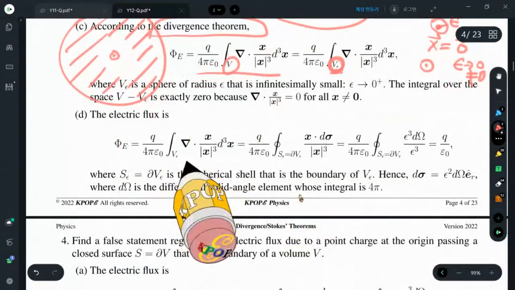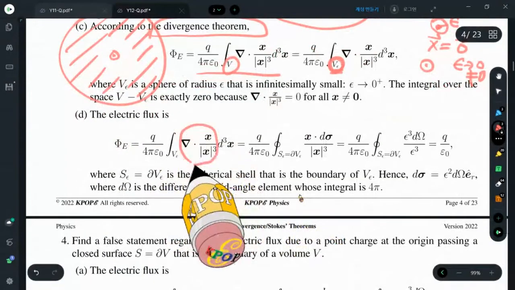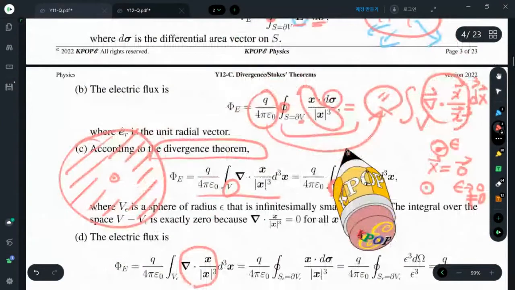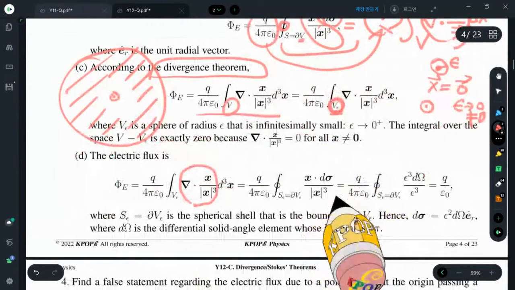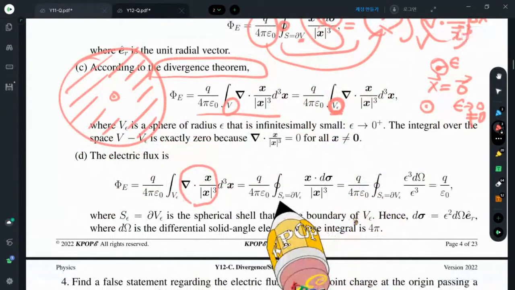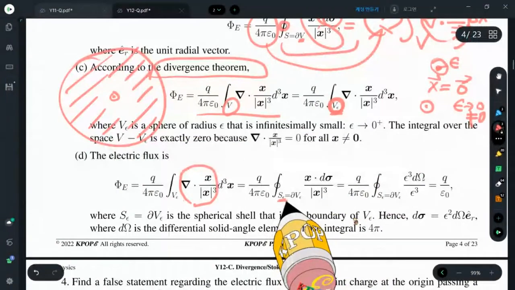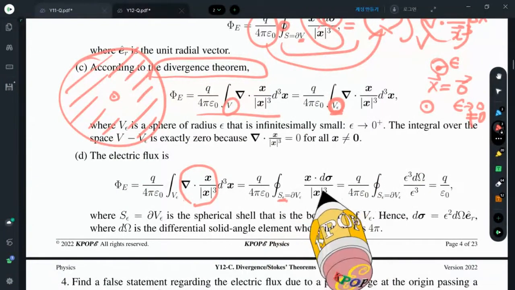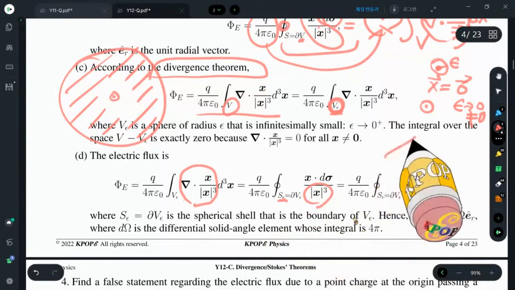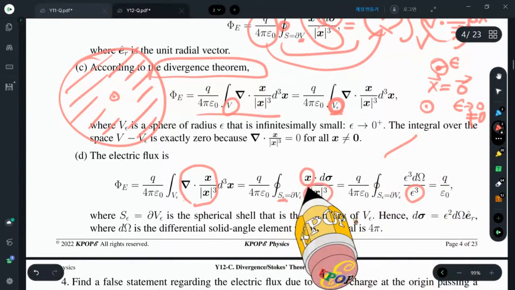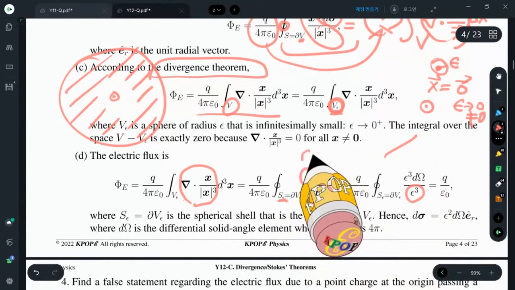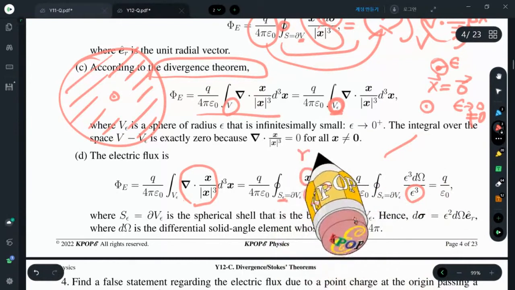Now, why don't we evaluate this integral, returning to the divergence theorem, over a surface with tiny radius epsilon. At tiny radius epsilon, this is charge q. This is radius r.